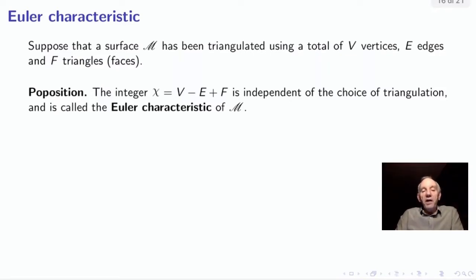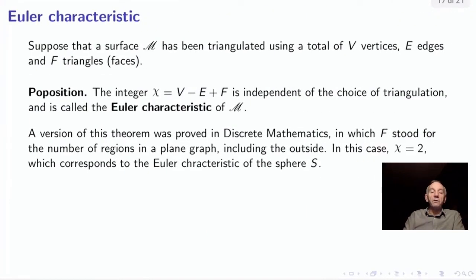Now, as I'll explain, you don't have to use triangles. So let me remark first of all, if you remember from discrete mathematics, in the discussion of planar graphs, we saw that this combination V minus E plus F, where you interpret F as the number of regions including the outside of the planar graph, is always equal to 2.